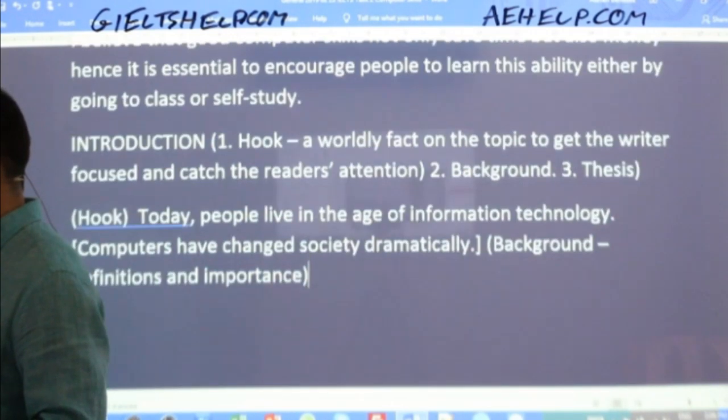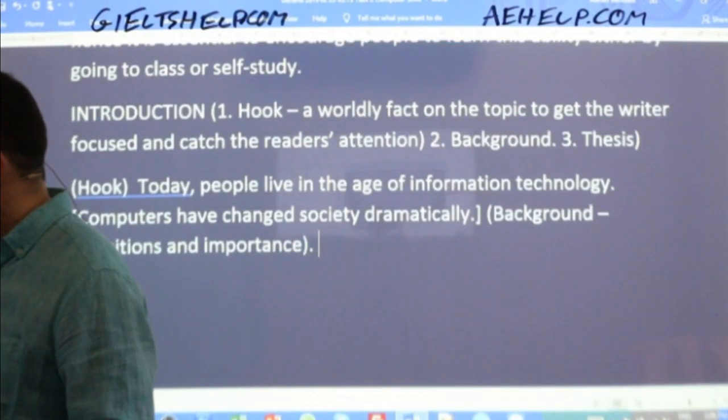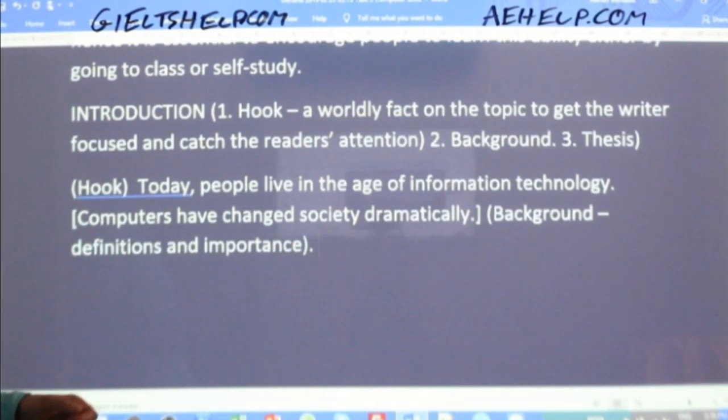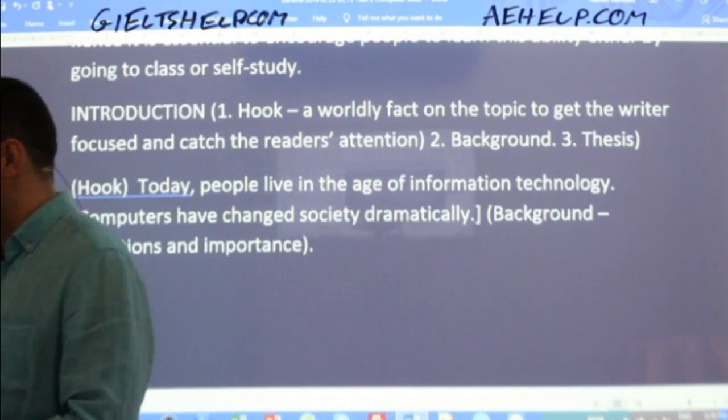So let's go back to our essay, follow through from this here. So today people live in the age of information technology.